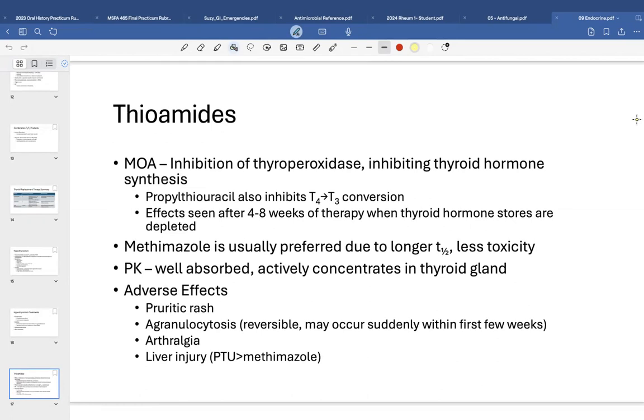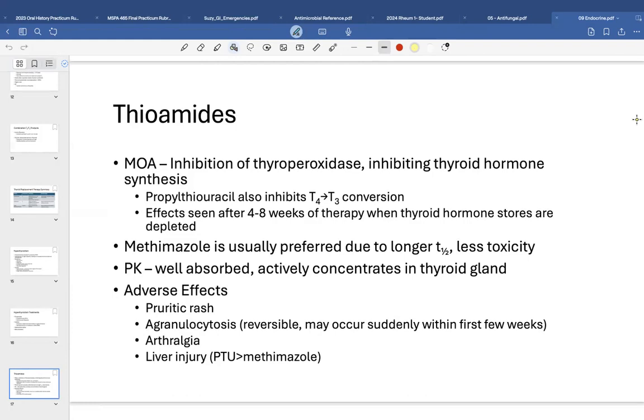Okay, so those agents are thyroid peroxidase inhibitors. Thyroid peroxidase, you'll recall, is part of the process that leads to production of thyroid hormone. Propylthiouracil, of the two, also has an effect on inhibiting T4 to T3 conversion, in addition to inhibiting thyroid peroxidase.